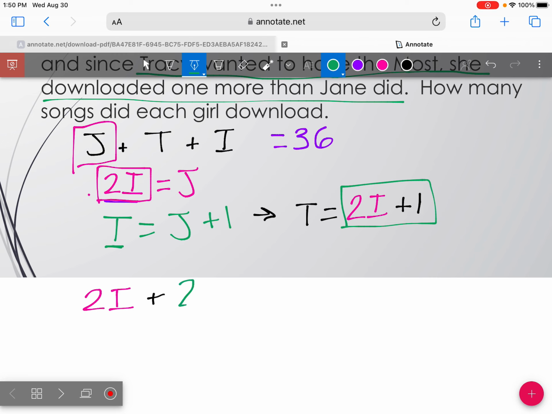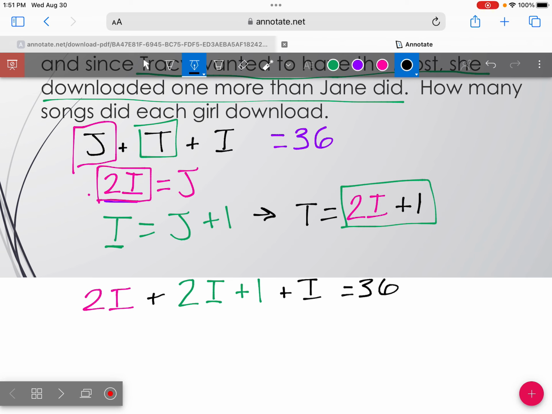So I'm going to replace the T with 2I plus 1. Then we have from the original equation still, that was T plus I equals 36. Does everybody see where we got all of those pieces from? It's pulling that substitution from Algebra 2 and kicking it into high gear.